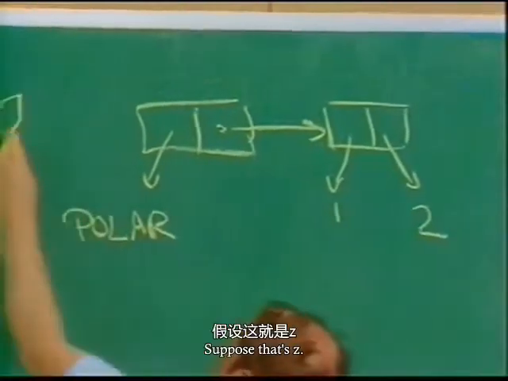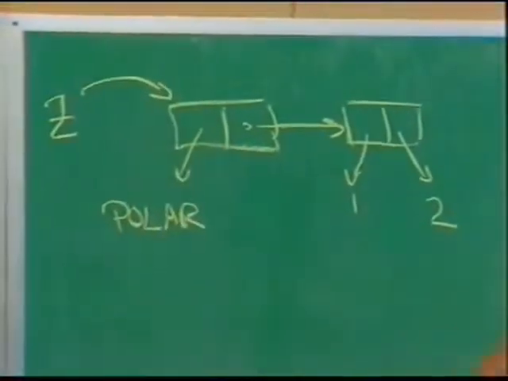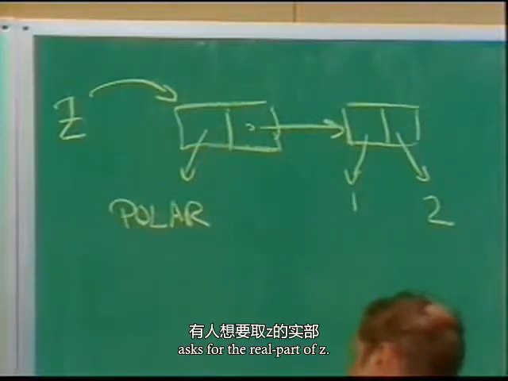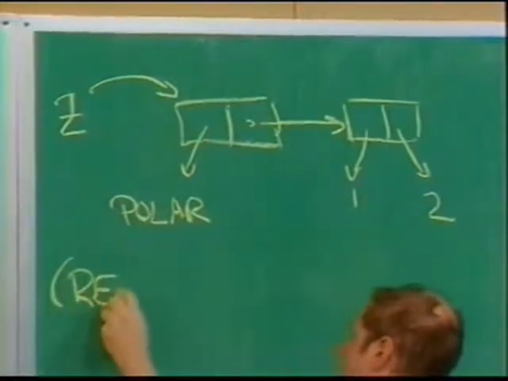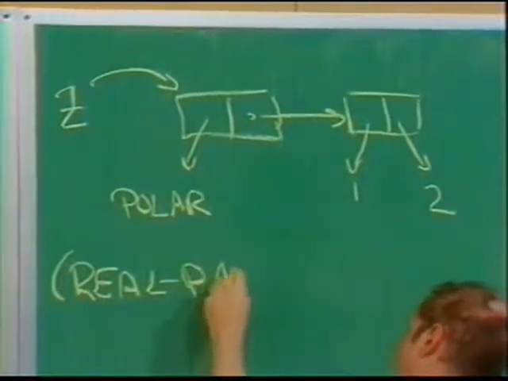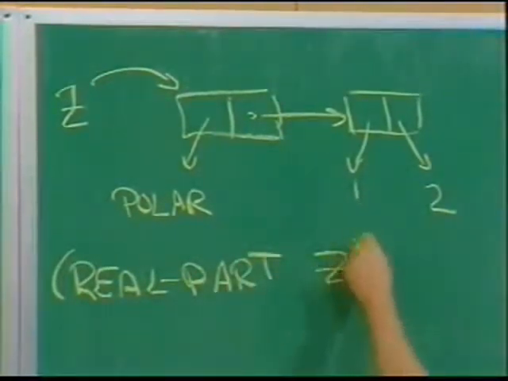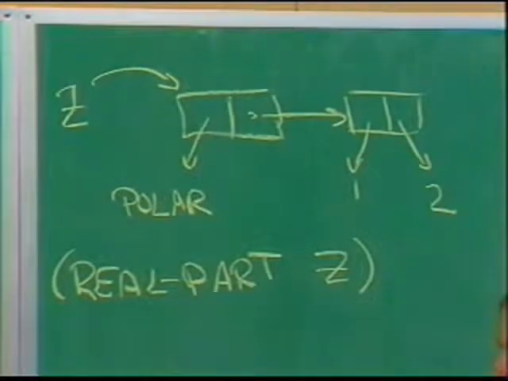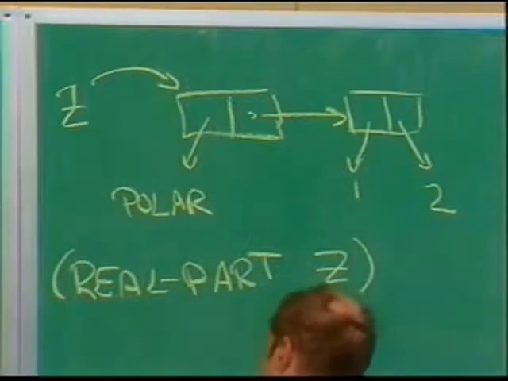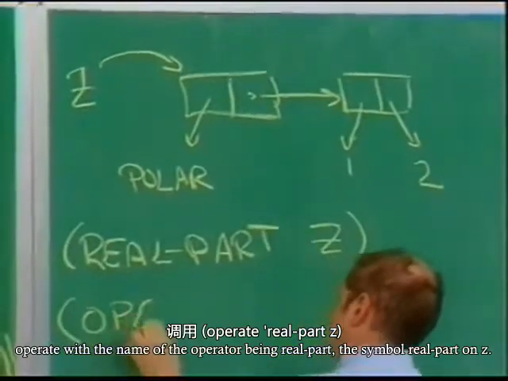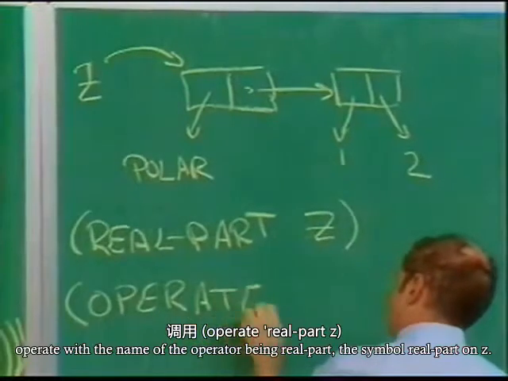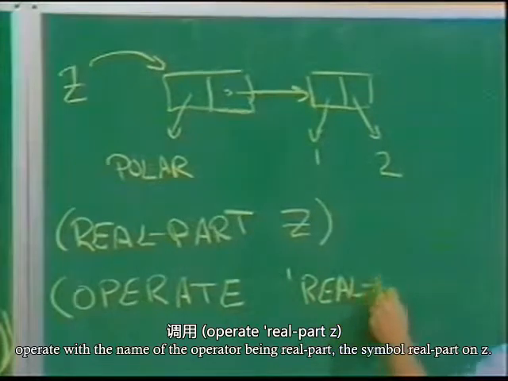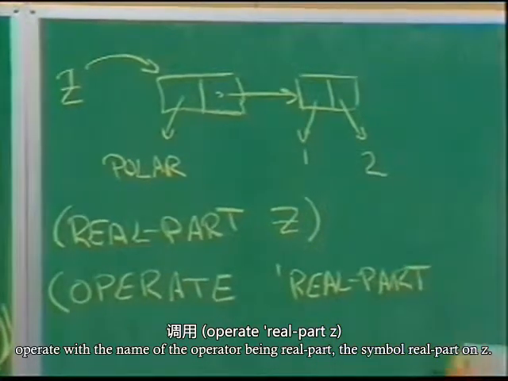Let's call that Z. And suppose with this implementation, someone comes up and asks for the real part of Z. Well, real part now is defined in terms of operate. So that's equivalent to saying operate with the name of the operator being real part, the symbol real part, on Z.